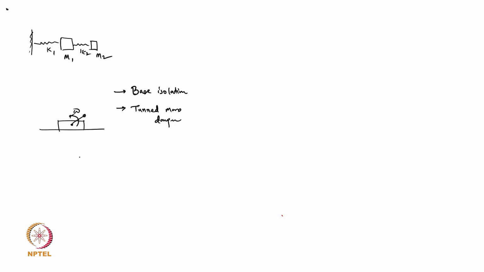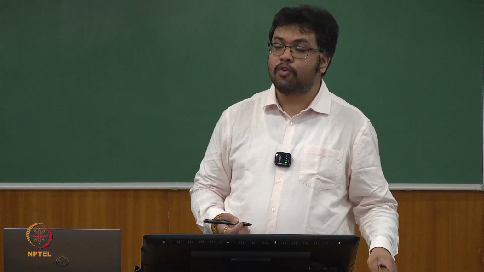So what will happen? You may think that okay, you have your machine here, you will put some type of pad, like a rubber pad or some such stuff, so that your machine is here, and this is actually oscillating, and you are saying that okay, my floor is not going to oscillate. That is what you are planning. Okay, so in that case, the first question that comes into the picture is: how will you model the full thing?